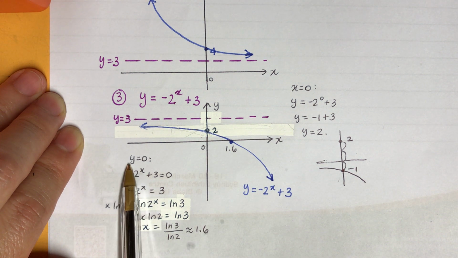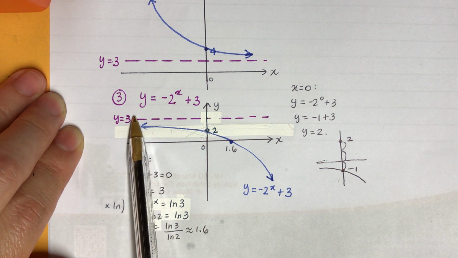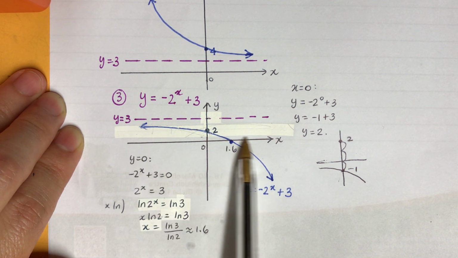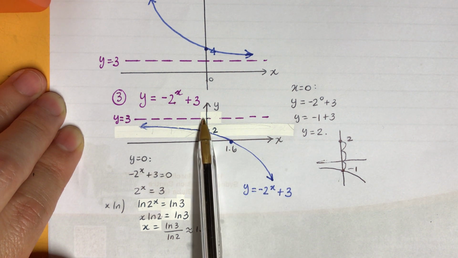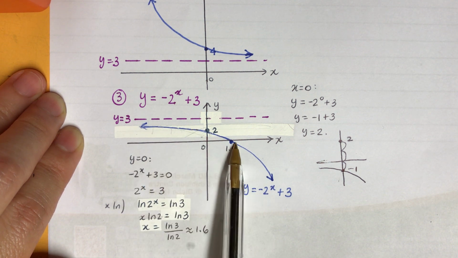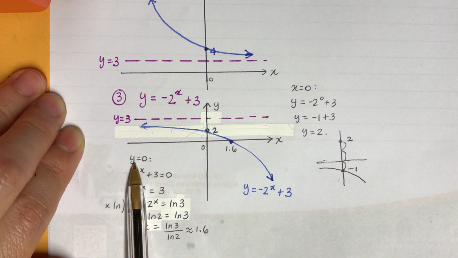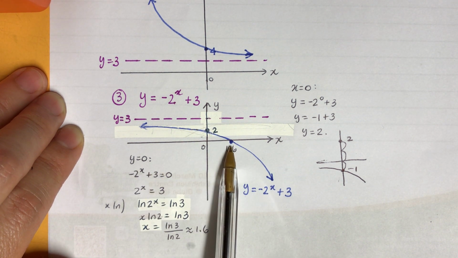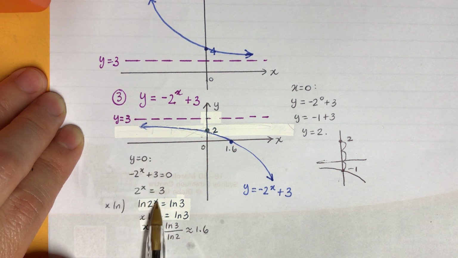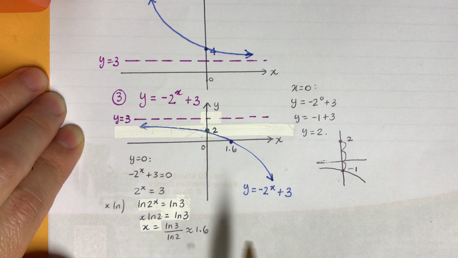So that's what the y-intercept is. The asymptote used to be y equals 0, but it's pushed up by 3, so it's going to be y equals 3, and therefore it's going to cut through the x-axis, so you will have an x-intercept here. I'm going to have to work out where it's cutting through. So y equals 0, I'll put it in. Now this is going to be a little bit confusing for some year 10 students, but I will put these in another video.